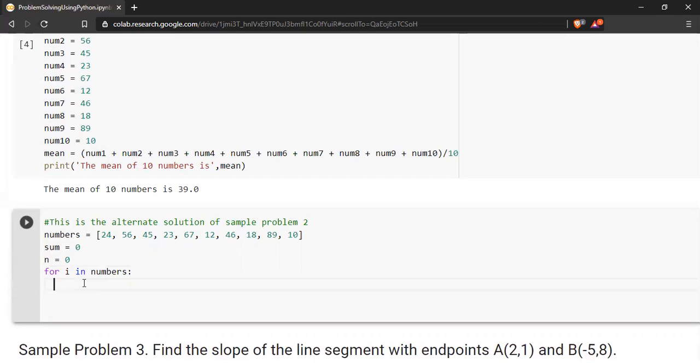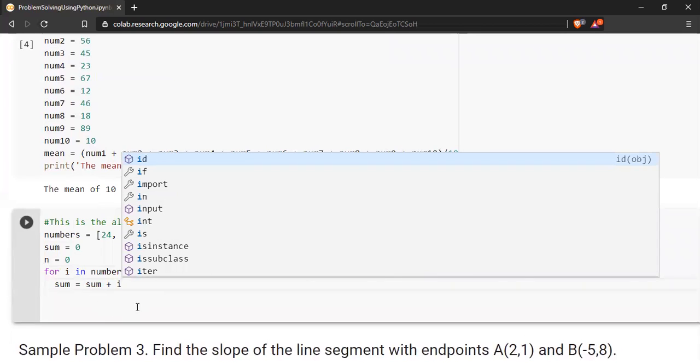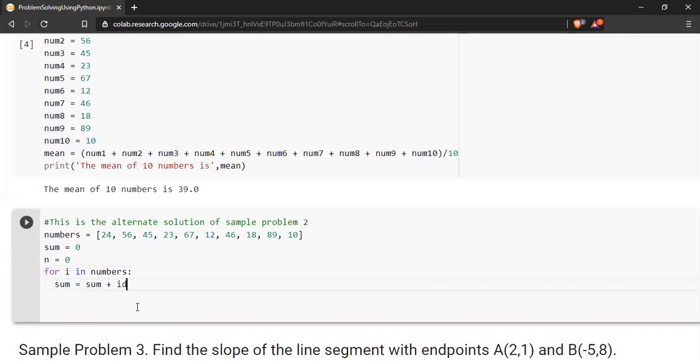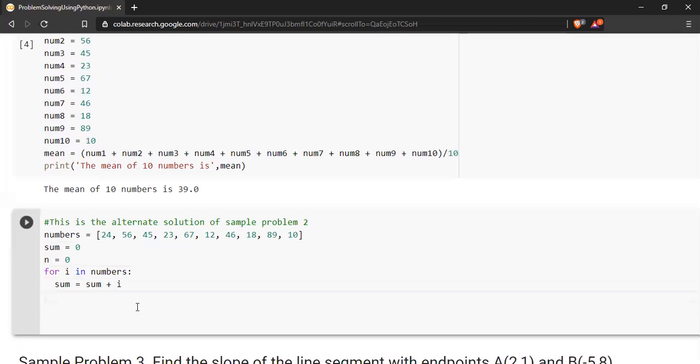Then we are going to compute the sum. Since sum initially is 0, we are going to add 0 to the value of i. So i initially will be 24. And then 24 plus 0 will be equal to 24. Now sum is 24 for the first iteration.